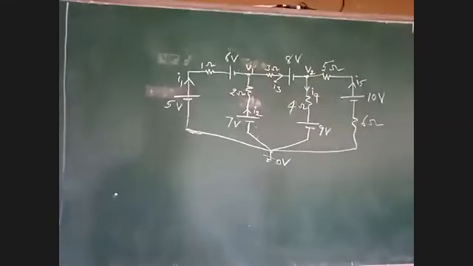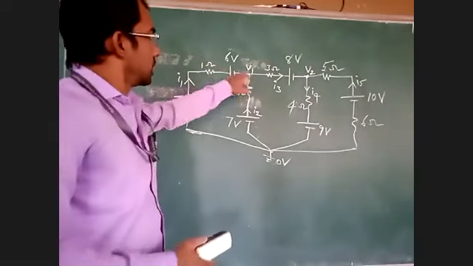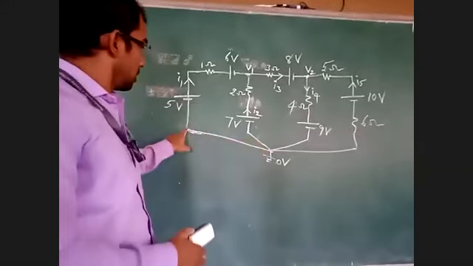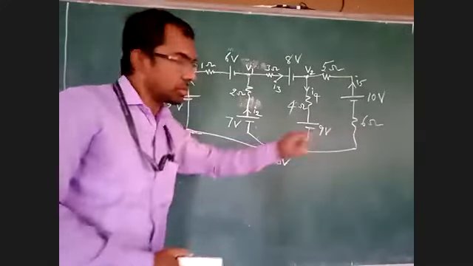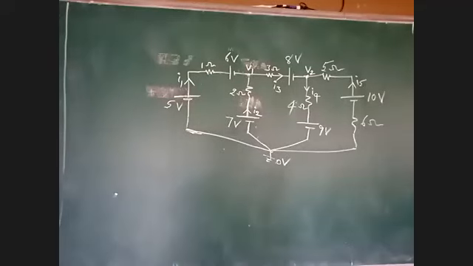So the maximum branches where it is connected, we have to take that one as the ground node. If you take this node, only 3 branches are connected. But if you take this one, 1, 2, 3, 4, 4 branches are connected. So the point where maximum branches are connected, that node is taken as the ground node. Is it okay? Yes.